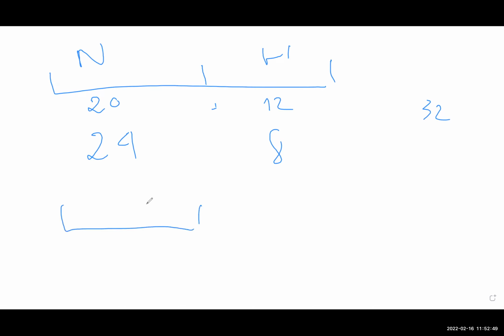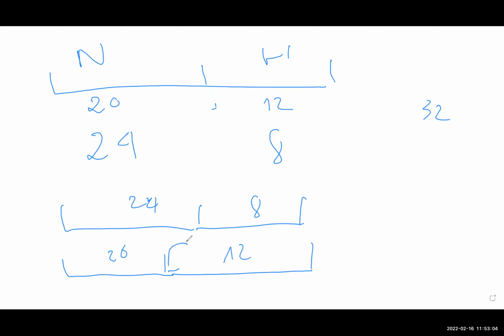If I have a network of 24 bit in the network portion and 8 bit in the host portion, and I have another network here with 20 bit in the network portion and 12 bit in the host portion, this one here is a huge network.